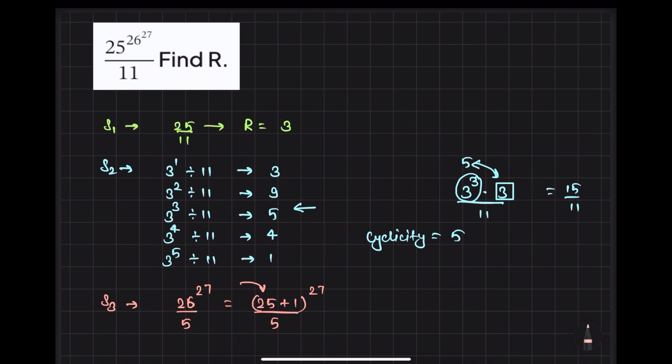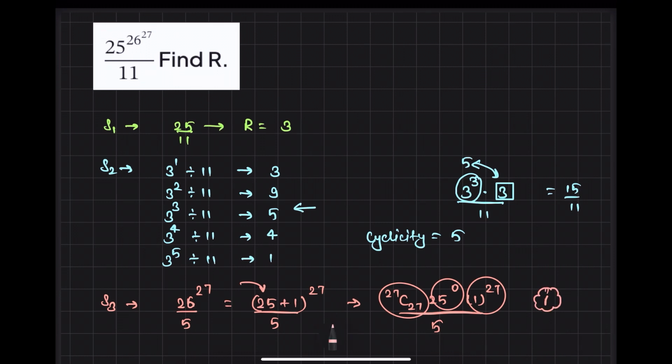So can I go with 27, 25 power 0 and 1 power 27 divided by 5. So you know that here we will get 1. 25 power 0 is 1, 1 power 27 is 1. So we got 1.